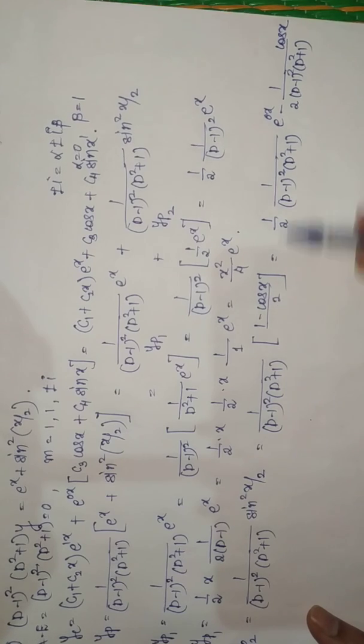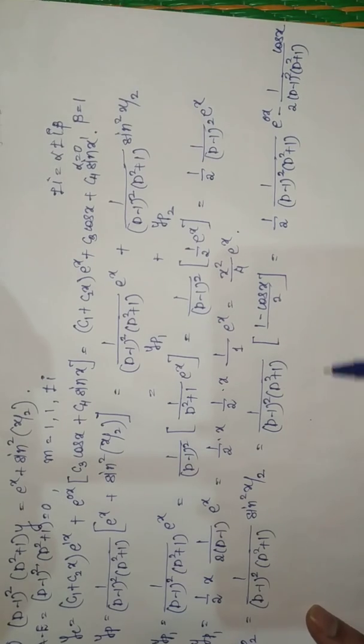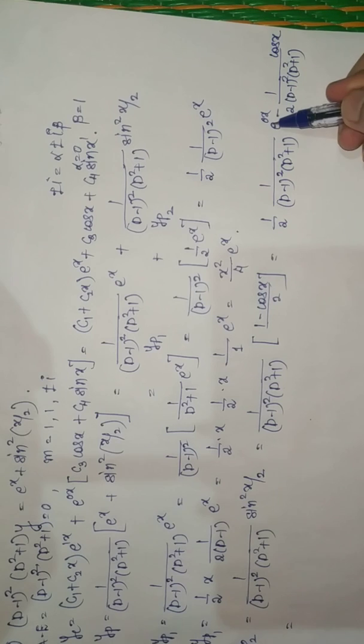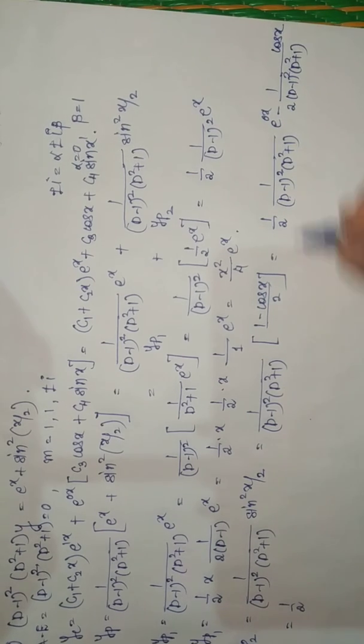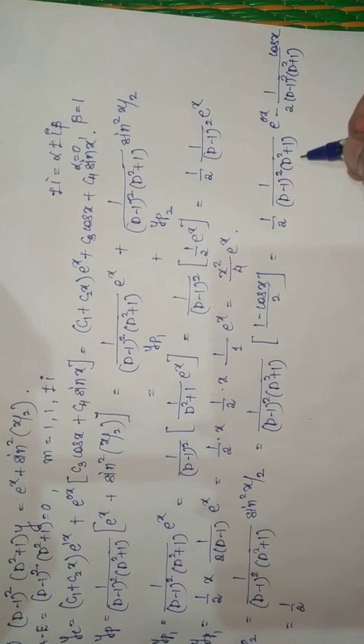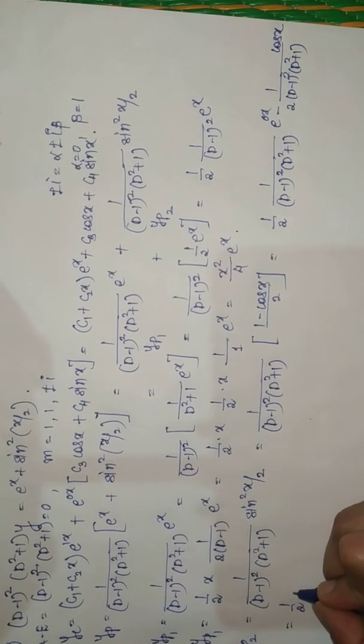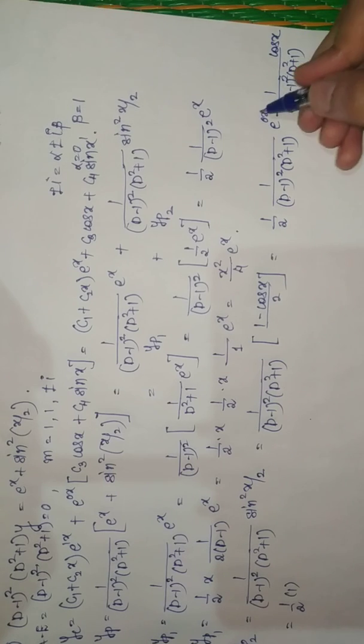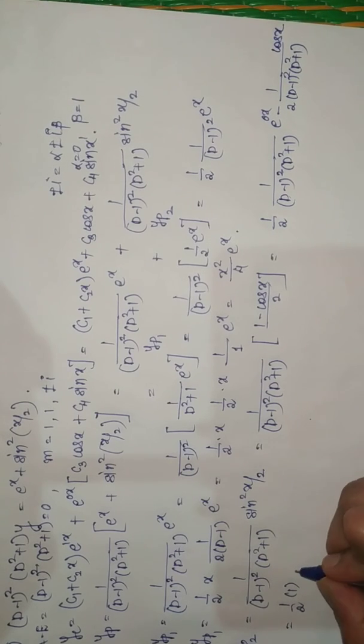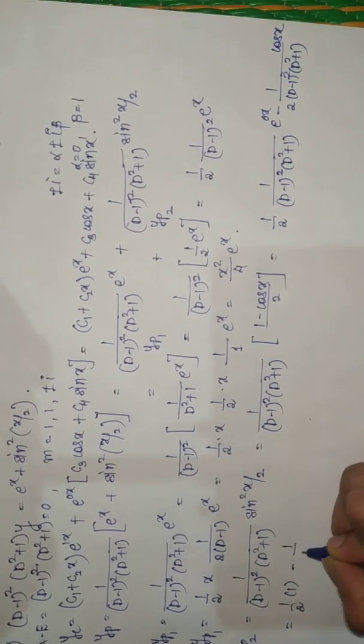Half is common for both the terms. Now replace d as 0. So we will get half, minus 1 square is 1, 1 into 1, 1. So it is just 1, anything raised to 0 is 1. So half minus half.